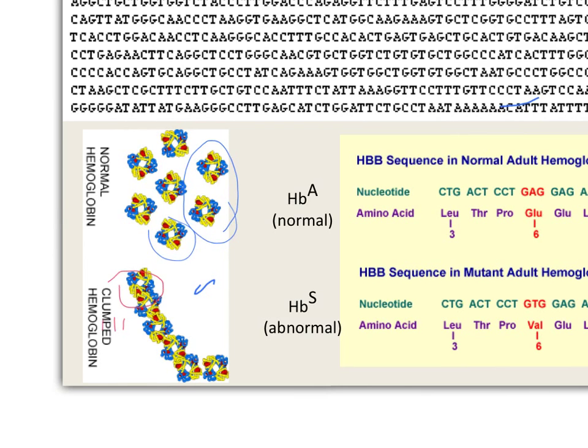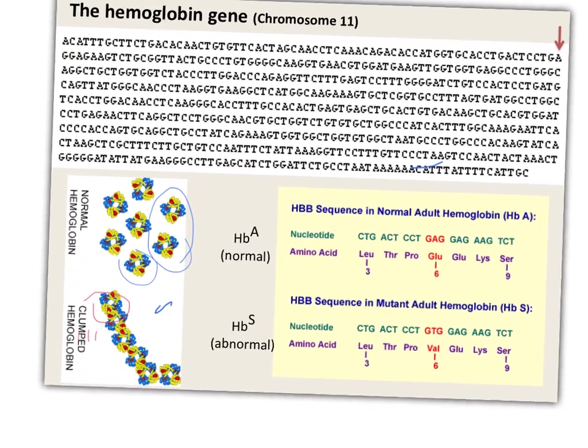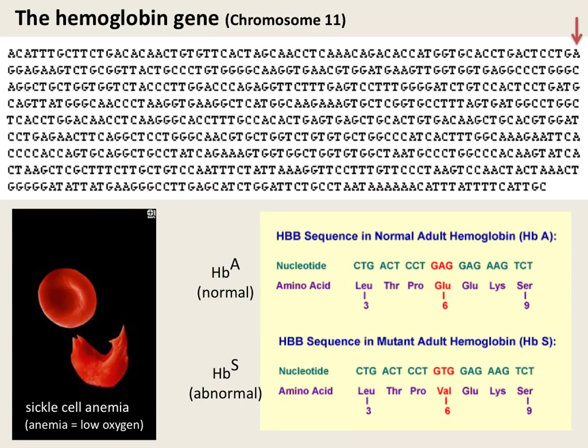In this nucleotide amino acid sequence, we have leucine, I don't know, proline, valine. Anyway, the difference here is on the 4th one. You go from glutamic acid, which is the normal part, to valine, which is the abnormal one. And this is what the phenotype looks like.